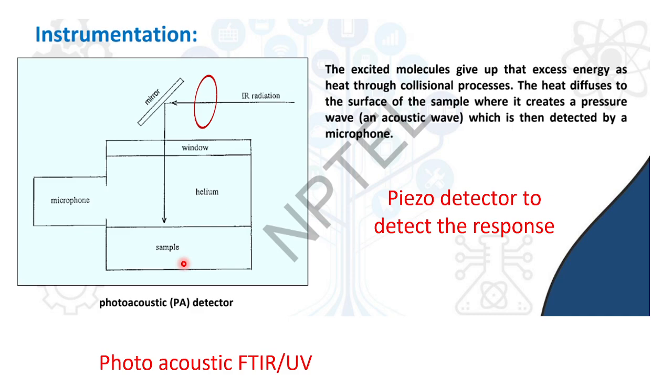That heat will come through the gas, here helium, and will generate an acoustic wave. Since the radiation is not continuous, first it is generating heat, colliding, interacting, and in the next phase it is not interacting because the chopper is blocking the radiation.